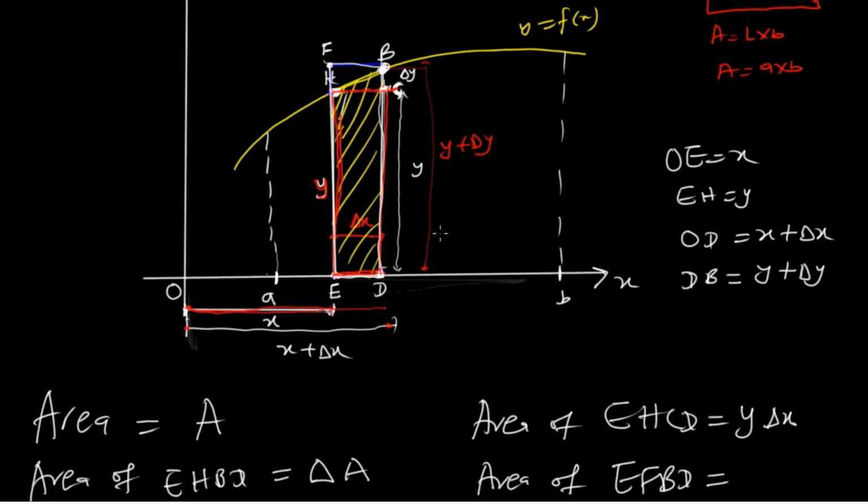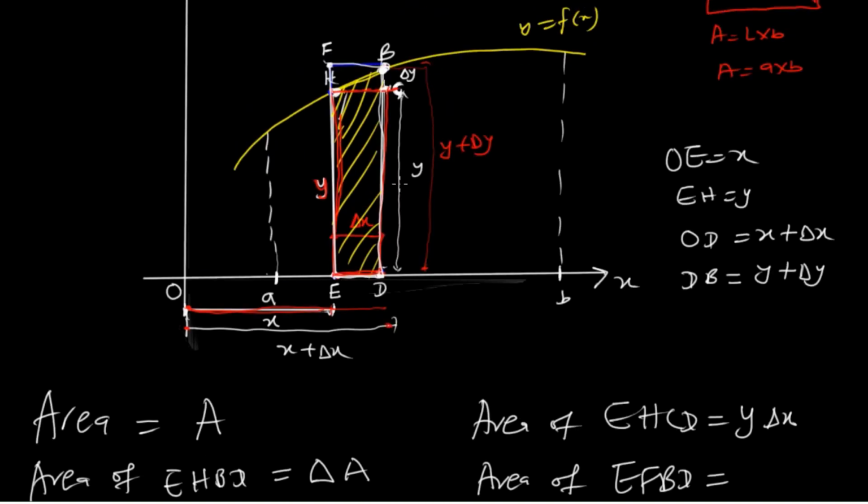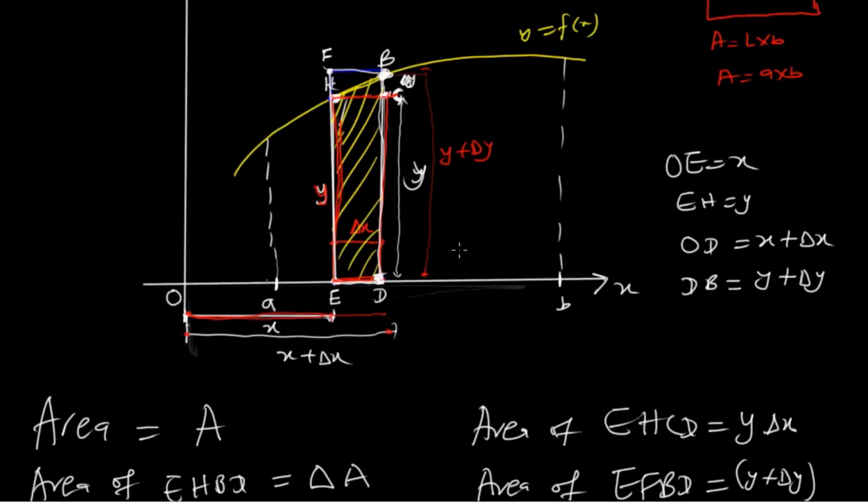So this is another rectangle, and we are going to have the length. If you look here, the length of this rectangle starts from here and ends here. From the beginning, we know that this is y plus change in y. So the length is going to be y plus change in y, and the same thing, the breadth is dx.